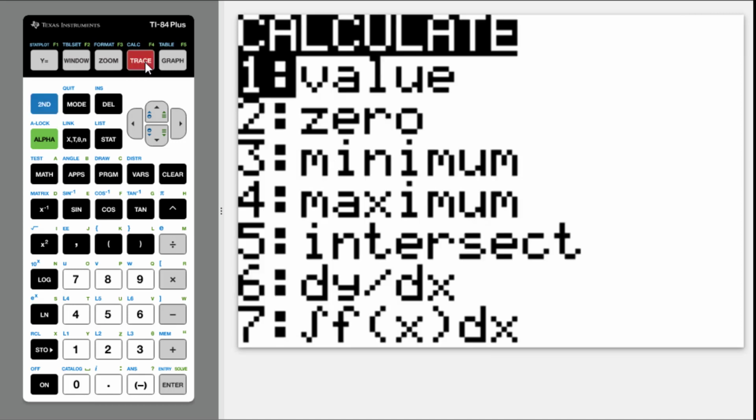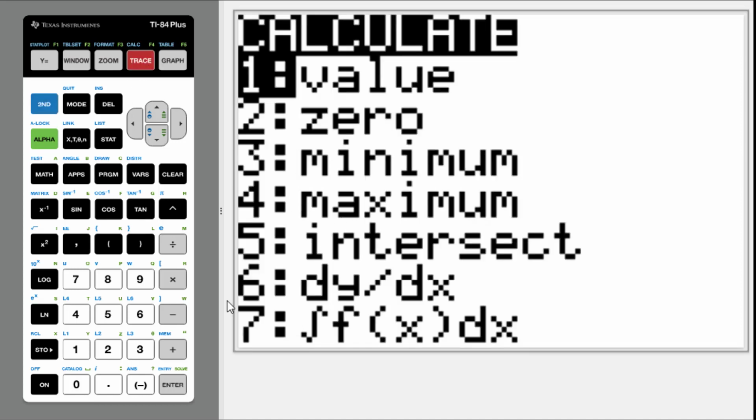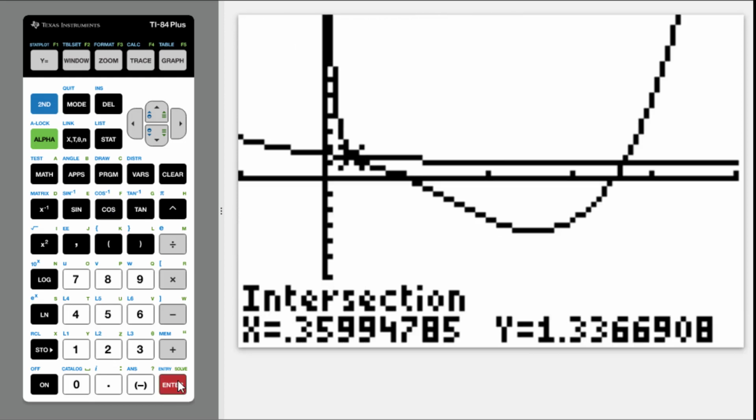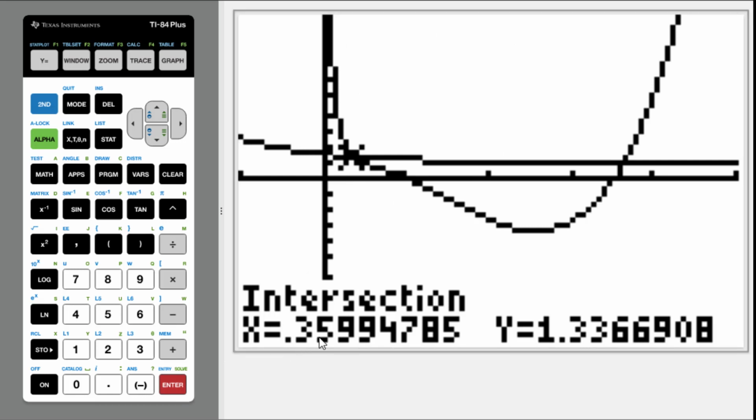So second trace, intersection 5, enter, enter, enter. The answer will be 0.360, 1.34.